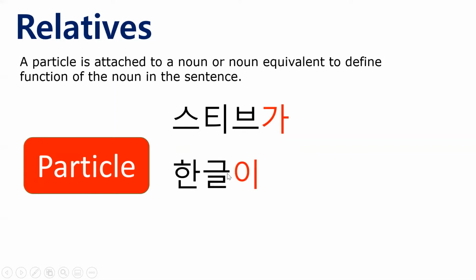And also 한글 is the noun, and we can add 이, another kind of subject particle, and 한글이, then you are talking about the subject 한글 in the sentence. And also 사랑 is attached by the 을, and 을 is an object particle. So in a sentence, this word is used as object, and so 사랑을 해요, then do love, yeah, that kind of expression can be made. So these particles define the function of the noun in the sentence.